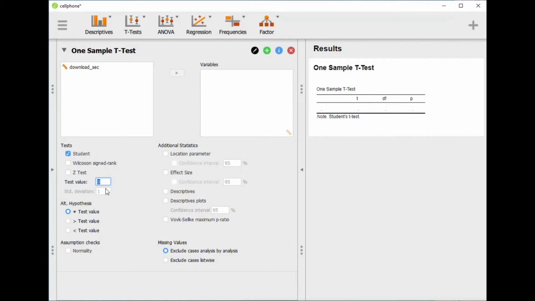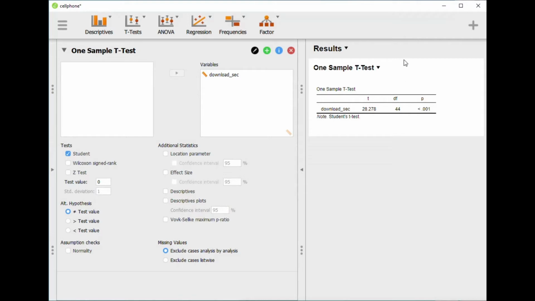So let's think about what this test value means for us here. If we were saying, okay, I'm interested in how long it takes to download the songs in seconds, so that's my variable of interest, happens to be the only variable in this data set.